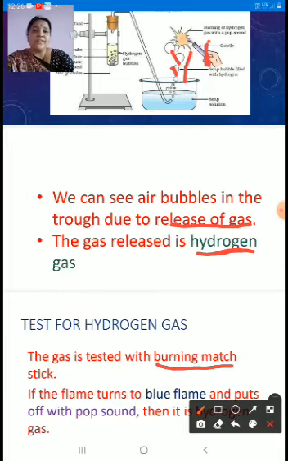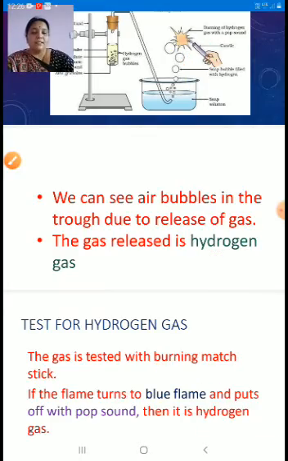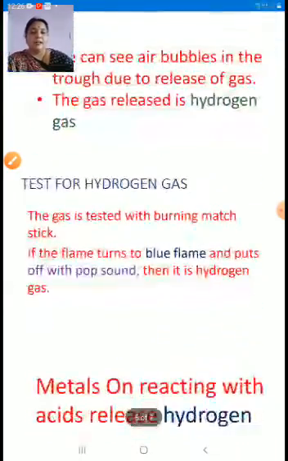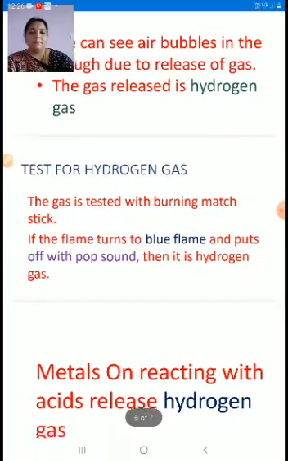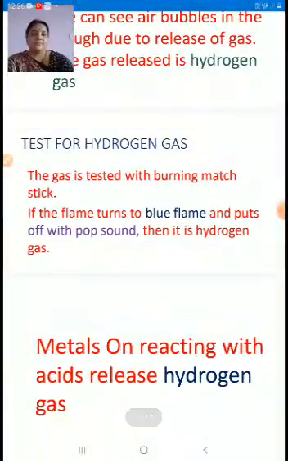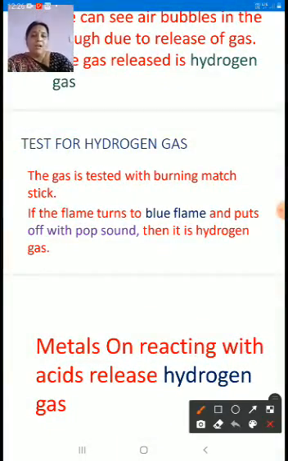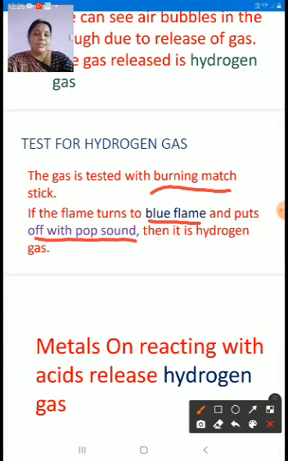So what happens when this burning matchstick is taken near to the gas? When the burning matchstick is taken near to the gas, the flame will turn blue, and it will be put off with a pop sound.